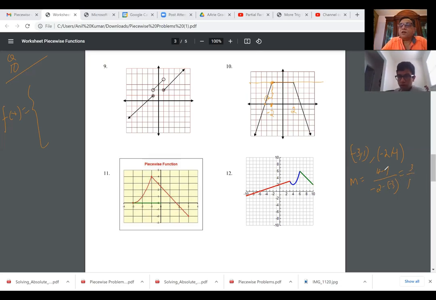So 3 is your slope. When we plug in a point, we know y equals 3x plus the y-intercept. Plugging in one point, let us say minus 2 and 4, 4 equals 3 times minus 2 plus b.